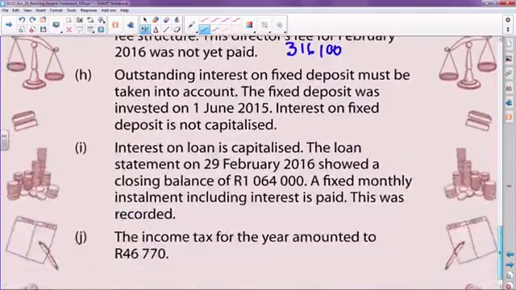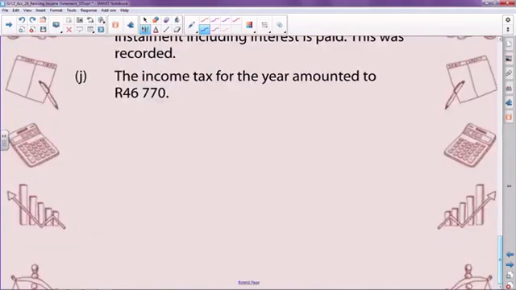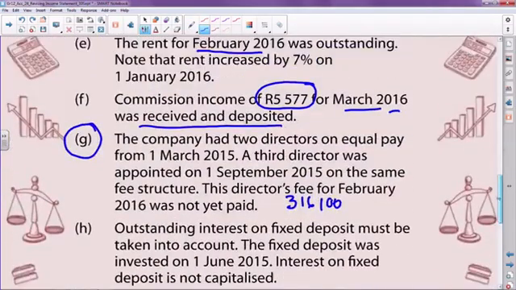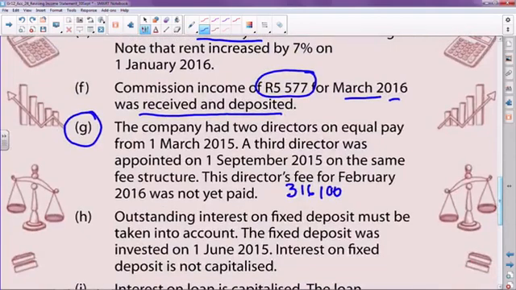Okie dokie, guys. Did you figure it out? Let's check. You have two directors that have been appointed from the 1st of March. Two directors on equal pay from the 1st of March.